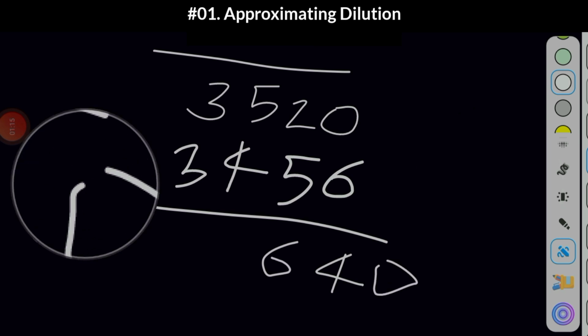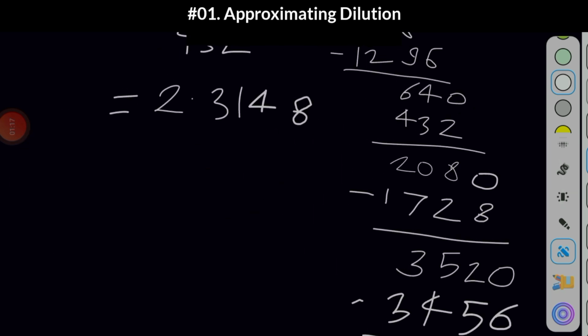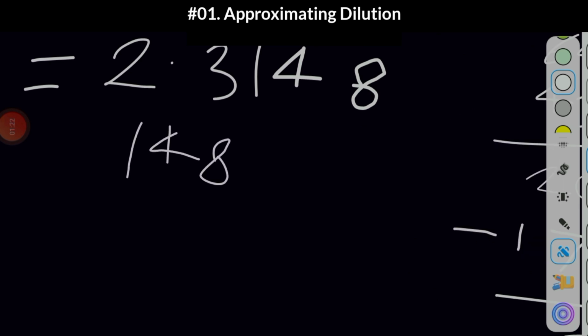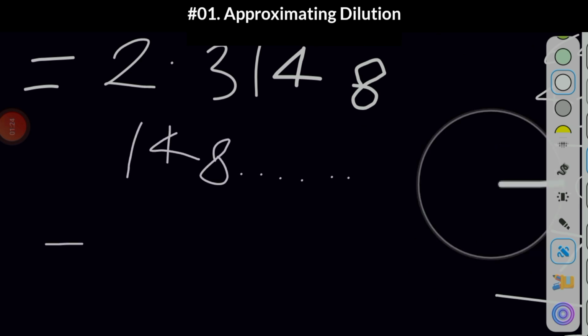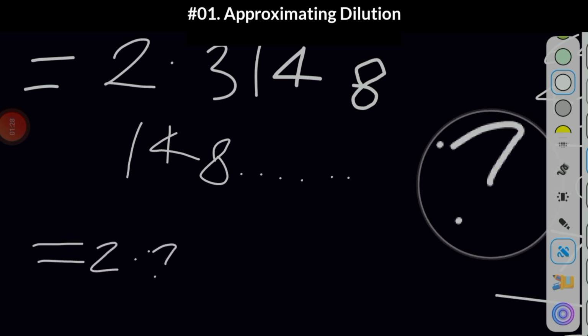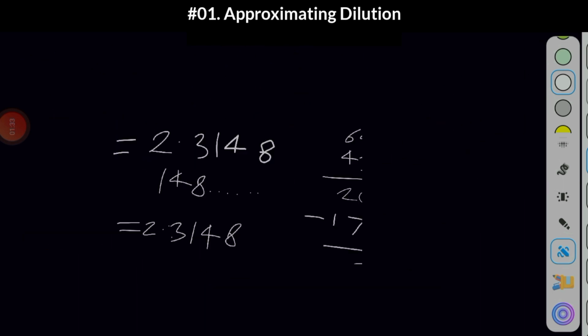And when you add 0, you know this is a repeating fraction, so it's going to be 1 4 8 again, and so on. So this is equal to 2.3148.